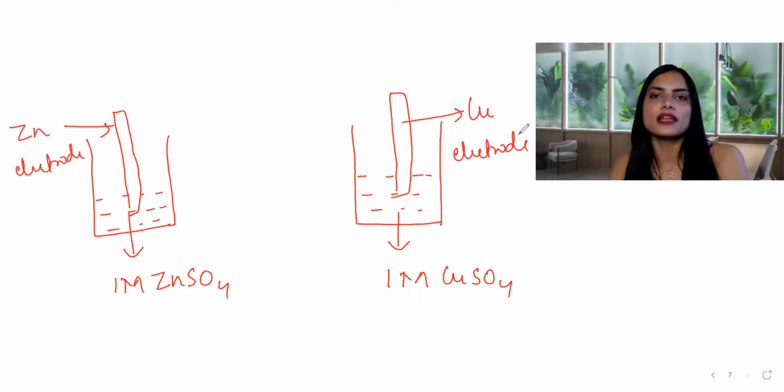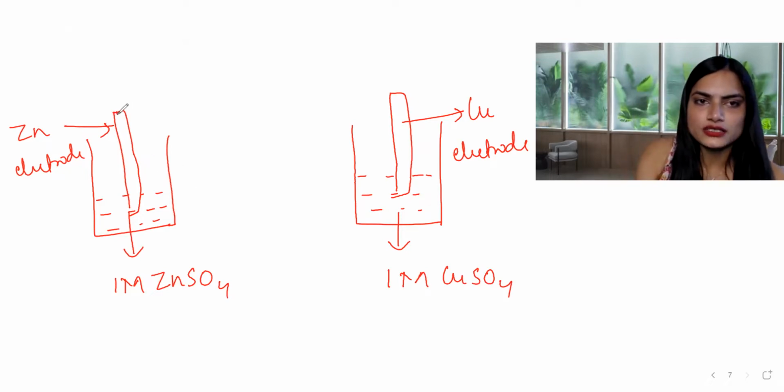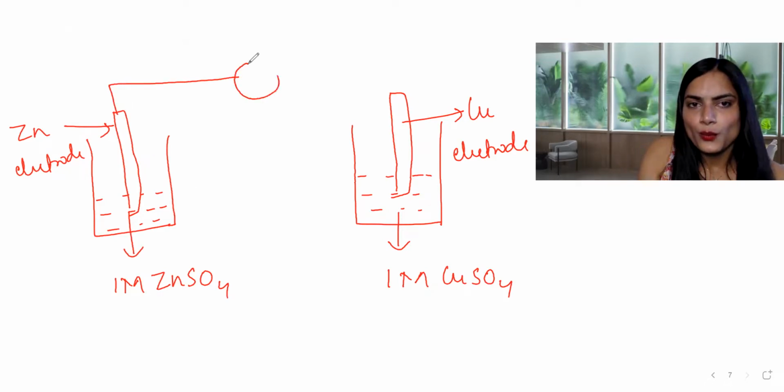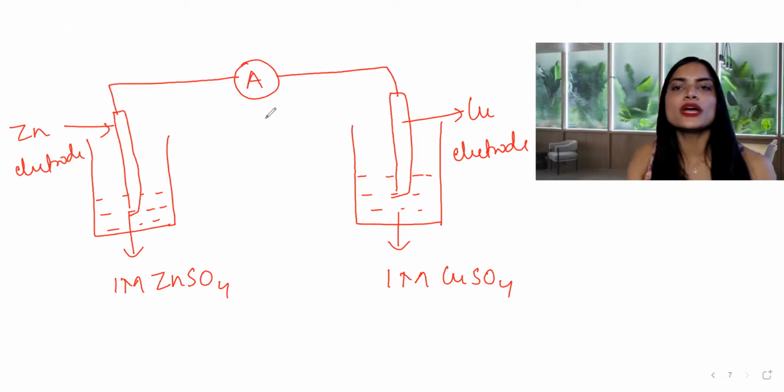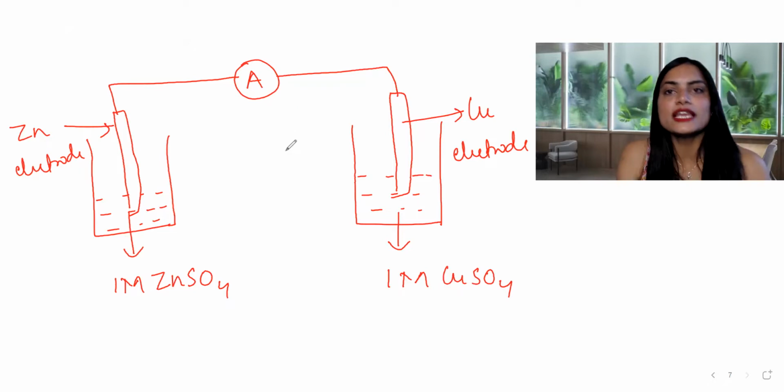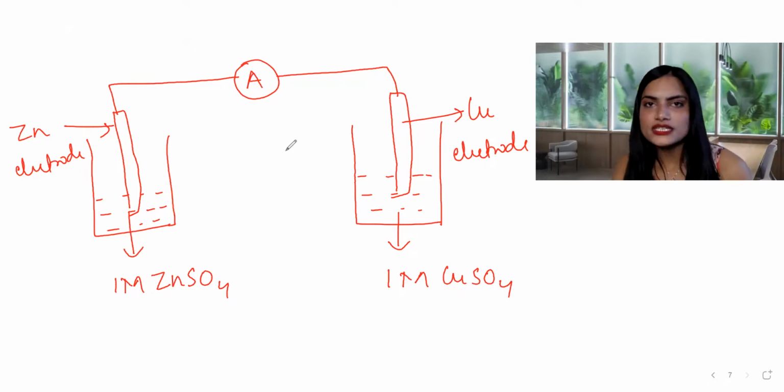Now, these two are the metal electrodes. These two electrodes are connected to each other via an ammeter through an insulated wire through which electricity can flow. You understand that in galvanic cells there is a production of electrical energy from chemical energy, so some current must be flowing.